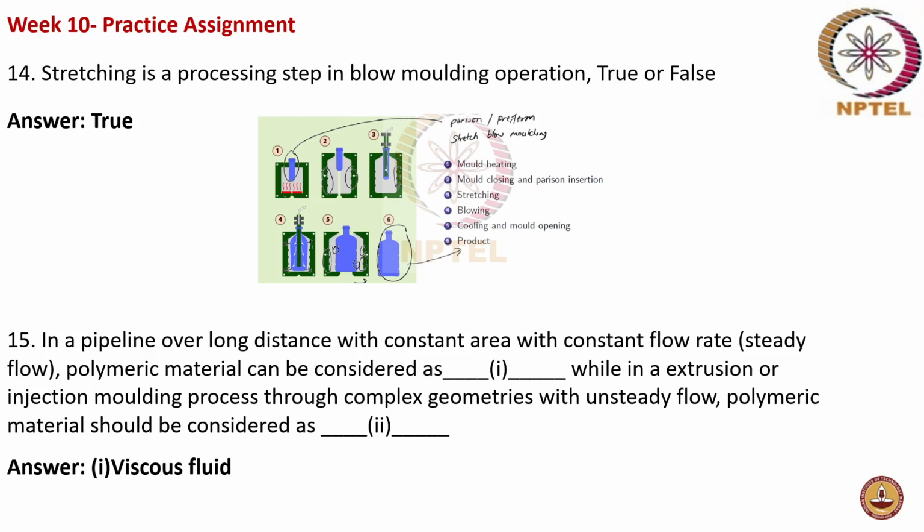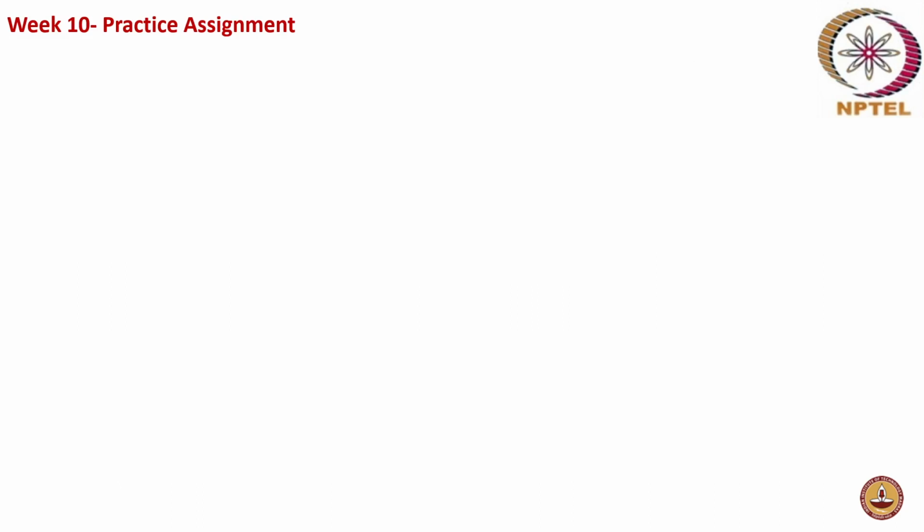Once it comes out and meets the open environment outside the extruder, because of the elastic nature, the actual shape and the die shape are not the same. So you should consider the polymeric material as a viscoelastic material, and then the corresponding calculations should be made. Okay, next question.